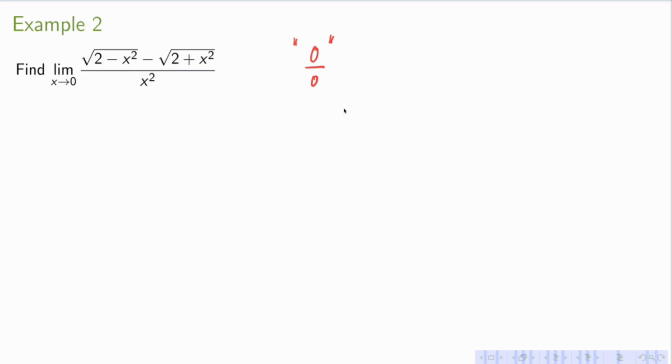So what we do instead is a trick which is called rationalization. It sometimes works and it sometimes doesn't. So in this example it does work, and I'll show you how it goes. Let's remove the 0 over 0, because I need space for my little trick. The trick is to multiply with the conjugate term, and this is called rationalization. So what I do is I take the plus term of the numerator, like follows.